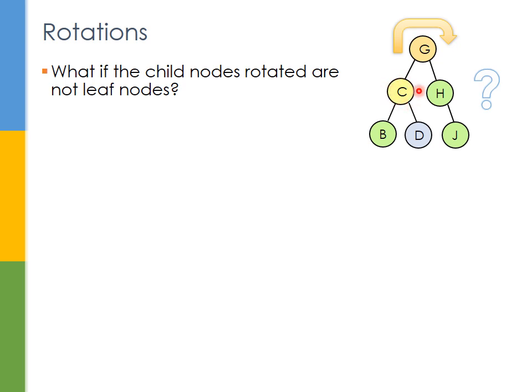So in other words, it needs to become the right child of node C. However, node C already has a right child, which is node D. So we need to somehow deal with node D and also still maintain the binary search tree property.